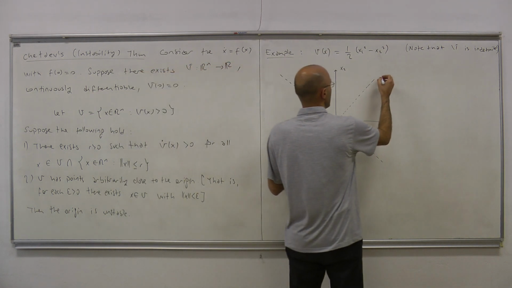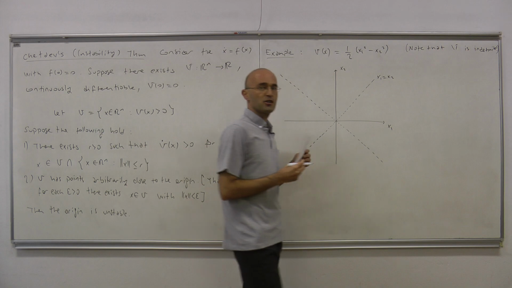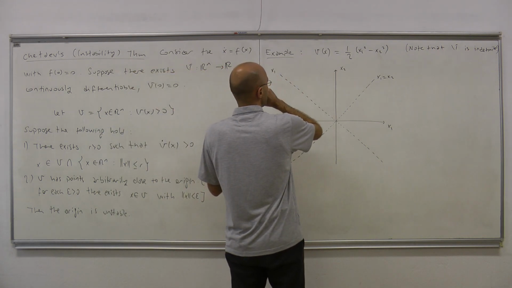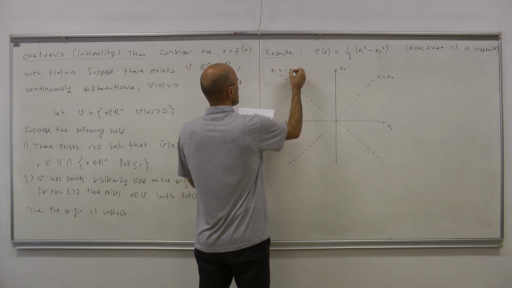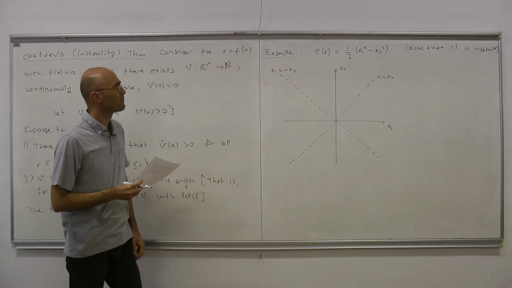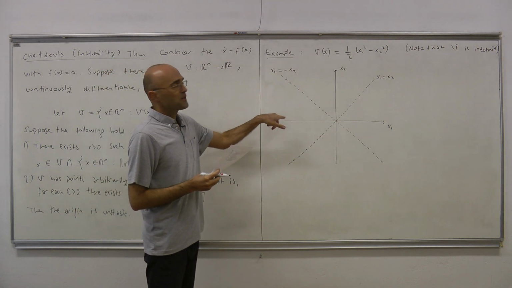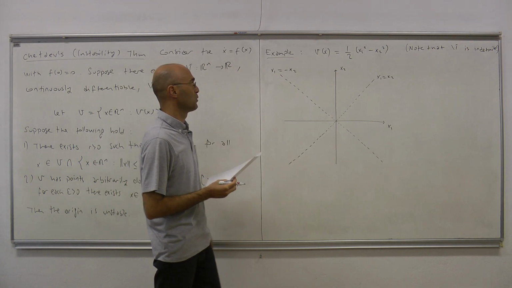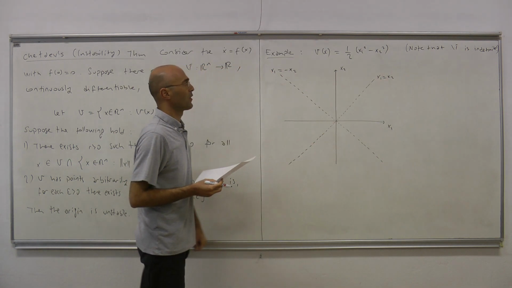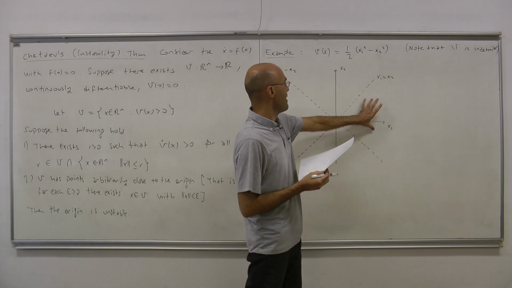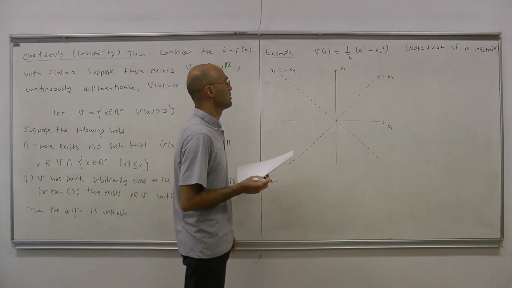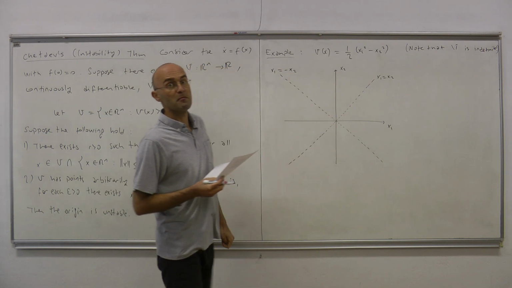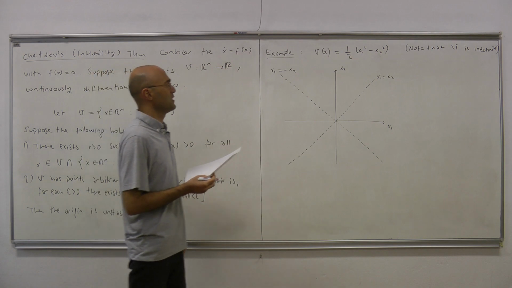This is the x1 equals x2 line, and this is the x1 plus x2 equals 0 line, or x1 equals minus x2 line. On those lines, when the magnitudes of x1 and x2 are equal to one another, V is 0. And here, where the magnitude of x1 is larger than x2, V is positive. Likewise, here V is positive, and on the remaining wedges, V is negative.